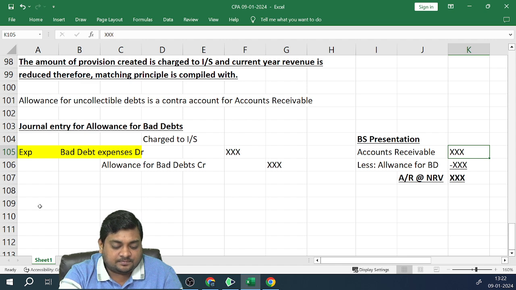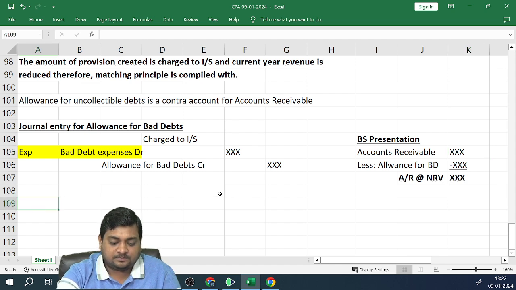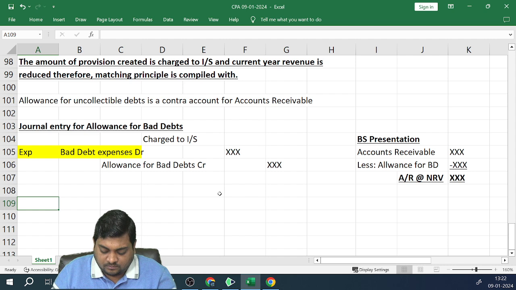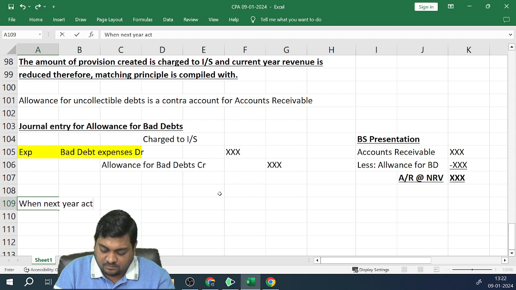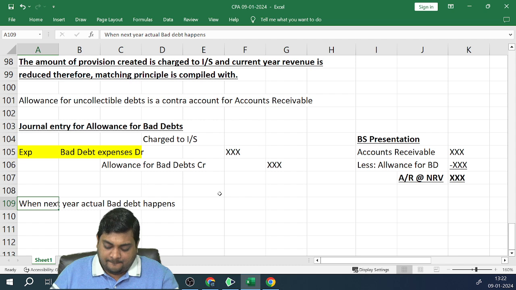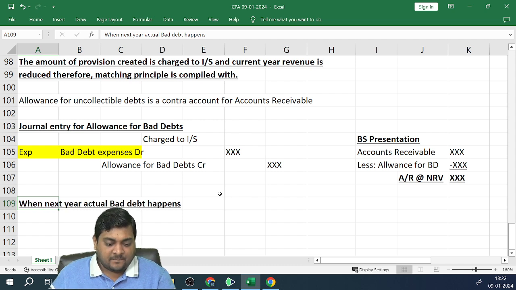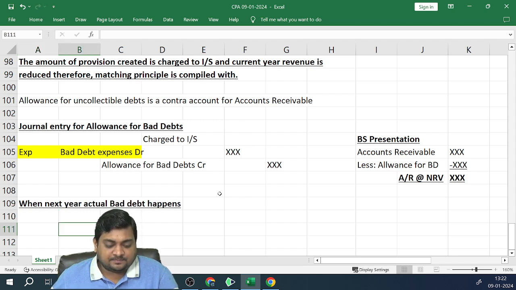Right? Now, when next year actual bad debt happens, what is happening?